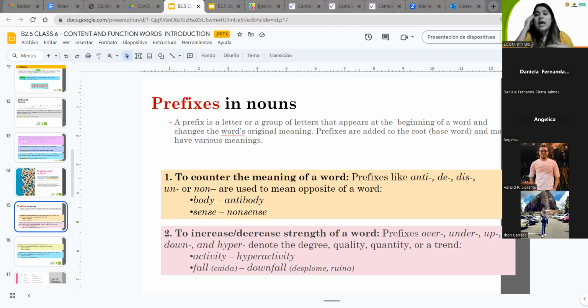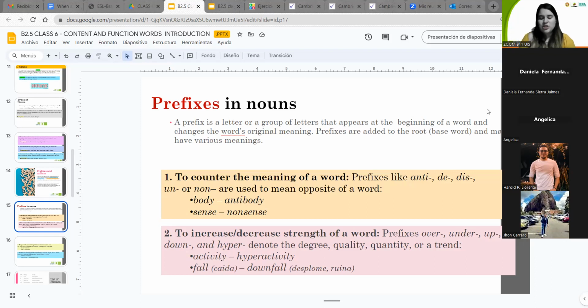By practicing, maybe listening to these words or reading about these words, we can master this part about prefixes and suffixes. Teacher, lucky for us, they are similar to Spanish, the root. Yes, exactly. A positive thing is that some of them are very similar to Spanish, so Spanish is going to help guide us in this part.